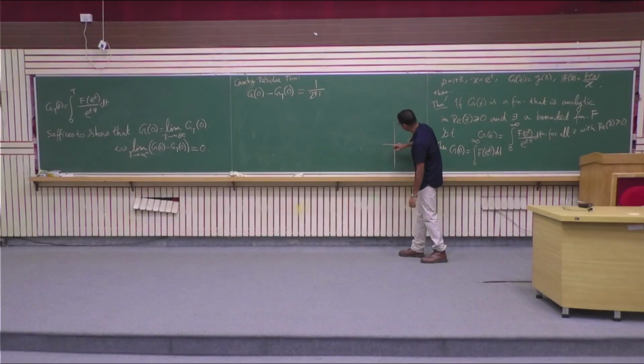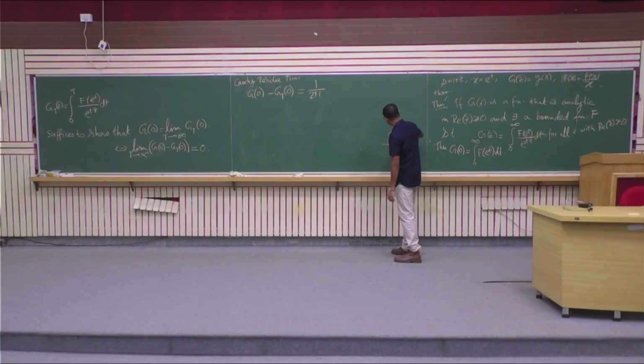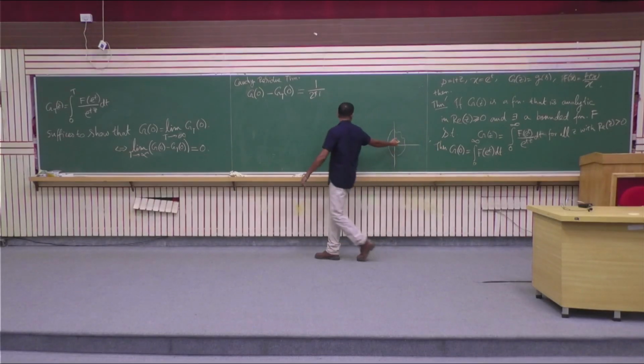The contour at first, before we describe its shape, all we require is that it should go in some region around this, where there will be a simple pole only at the origin.